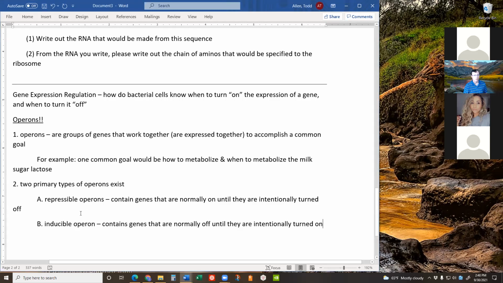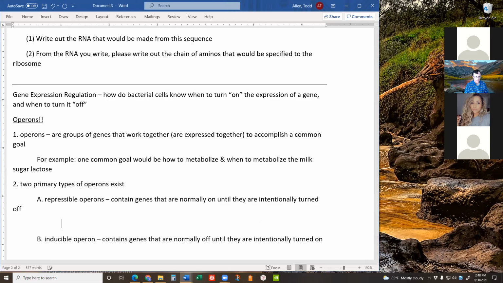An example of a repressible operon is the tryptophan operon of figure 8.13.